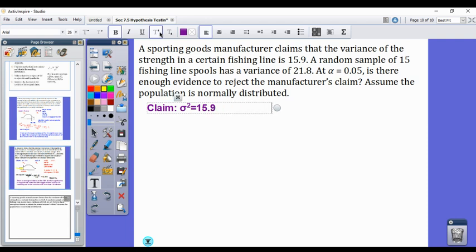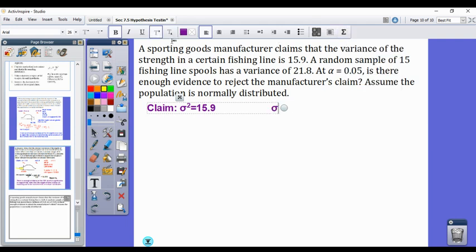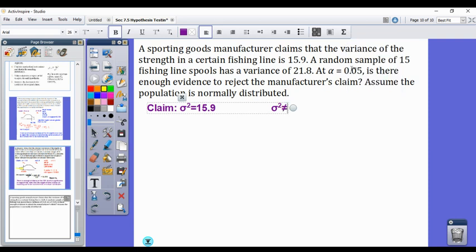So the corresponding opposite claim to that is not equal to 15.9. Okay, so in this case, we have H naught being our claim, and this is my alternative. And this is going to be a two-tailed test because we have the equal sign.